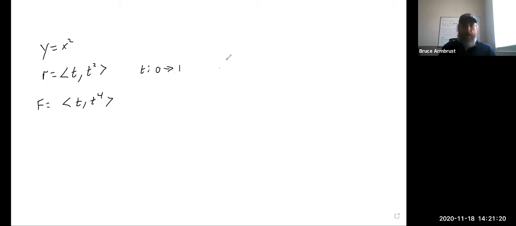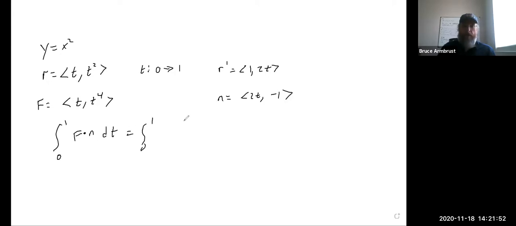All right, so let's get r prime. So r prime is 1 comma 2t. So we're going to swap them to get little n. And we're going to make the x negative. All right, so we're going to integrate from 0 to 1, f dotted with n dt. So it's the integral from 0 to 1 of 2t squared minus t to the fourth.